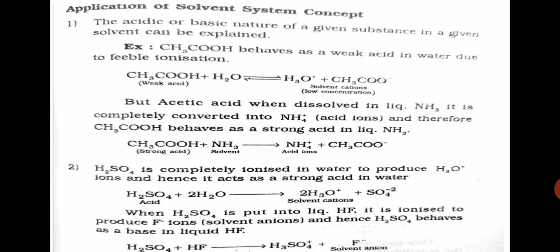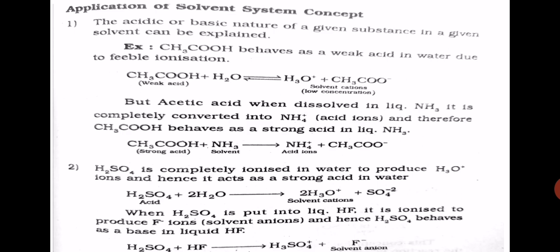The second example: sulfuric acid is completely ionized in water to produce H3O+ ions, that is protonated water, and hence it acts as a strong acid in water.